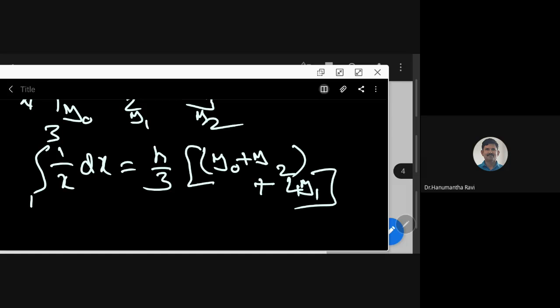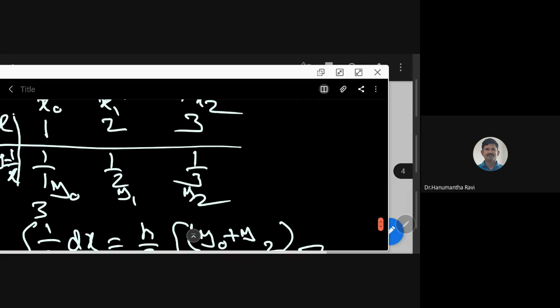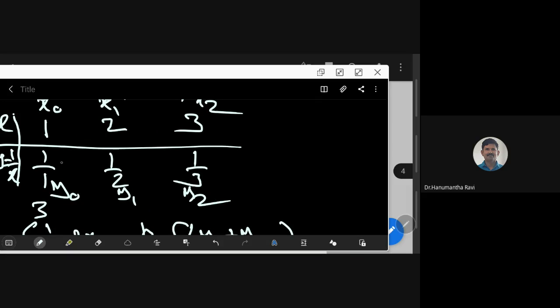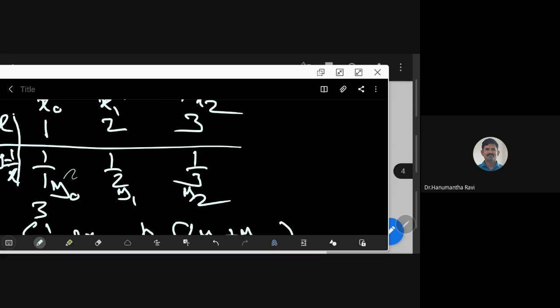So this is equal to, now this value is 1. This value is 0.5. 1 by 3 means 0.33, I will take. Okay, fine.